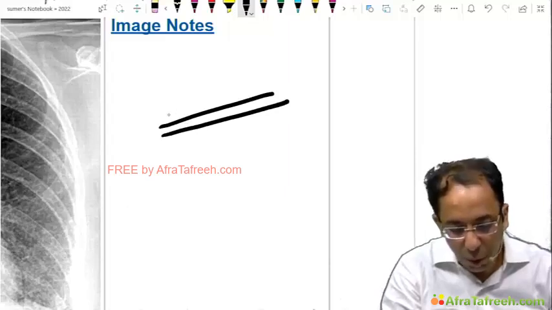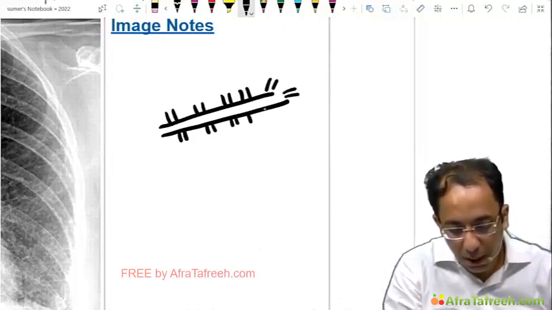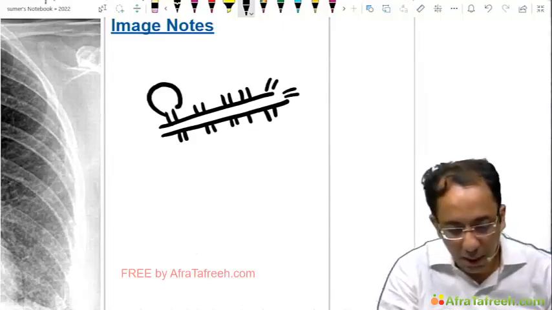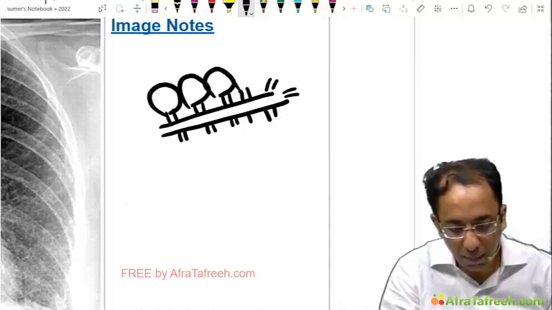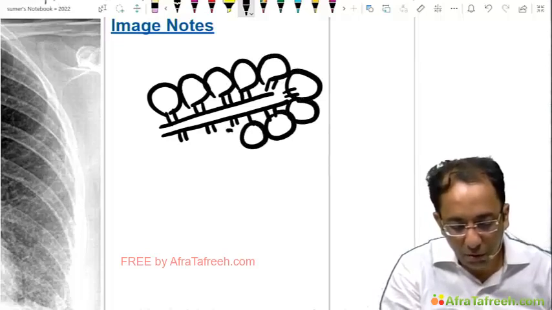Suppose this is your bronchus, alveolar ducts, and these are your alveoli. Now I will name some processes. Let's see how many of you are able to answer, beta.